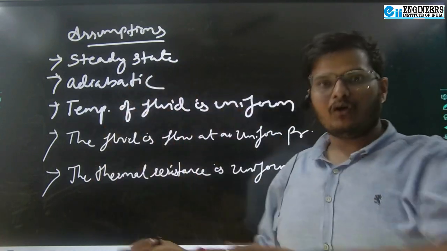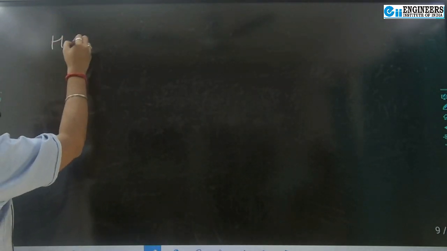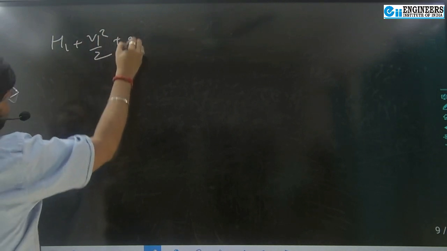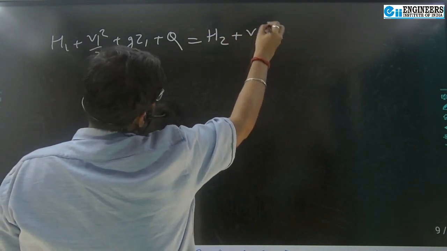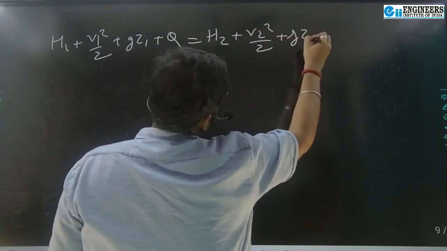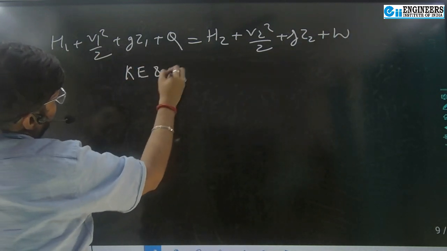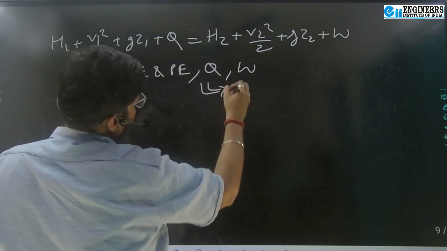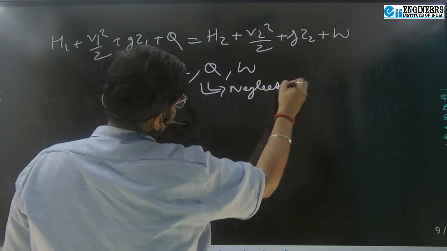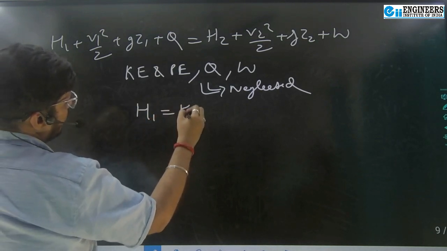While applying all those assumptions to the steady flow energy equation, H1 plus V1 square by 2 plus gZ1 plus Q is equal to H2 plus V2 square by 2 plus gZ2 plus W, the kinetic energy, potential energy, heat and work terms can be neglected. Once they are neglected, we find H1 is equal to H2.